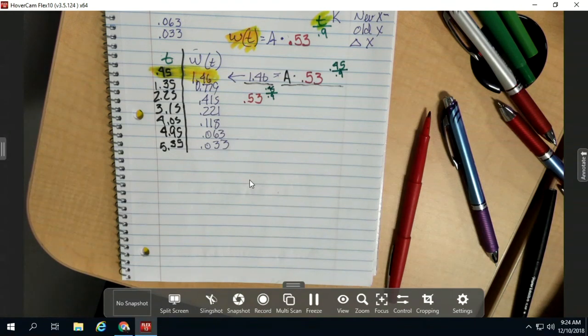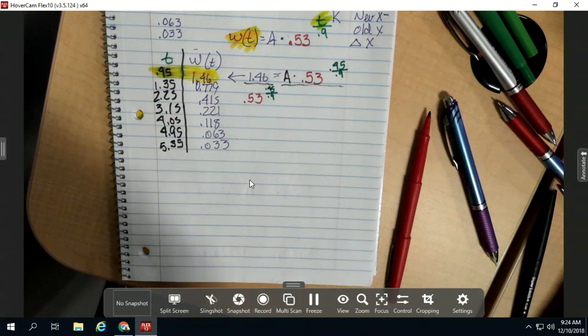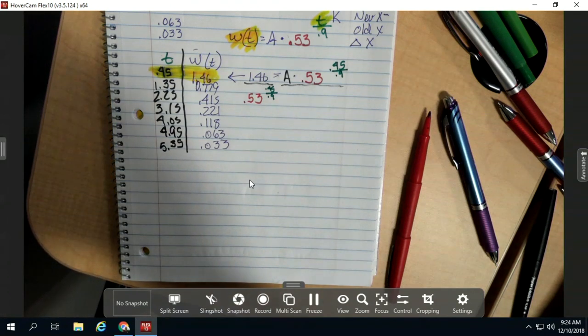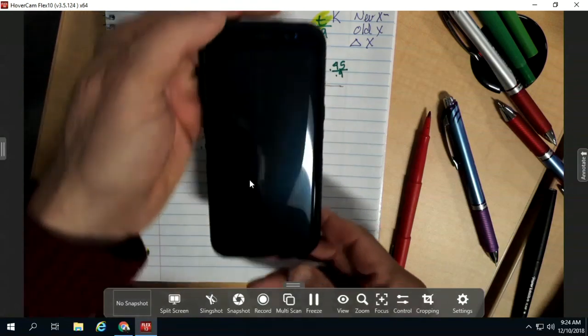So on our calculator, where is it? There it is.